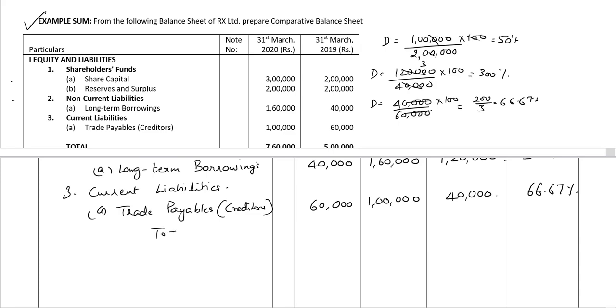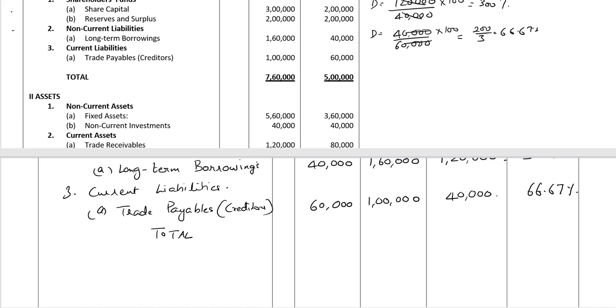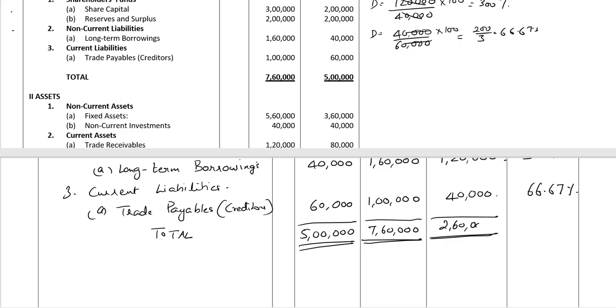Next, we'll write the total. 5 lakh in the case of first column, 7,60,000 second column, 2,60,000.